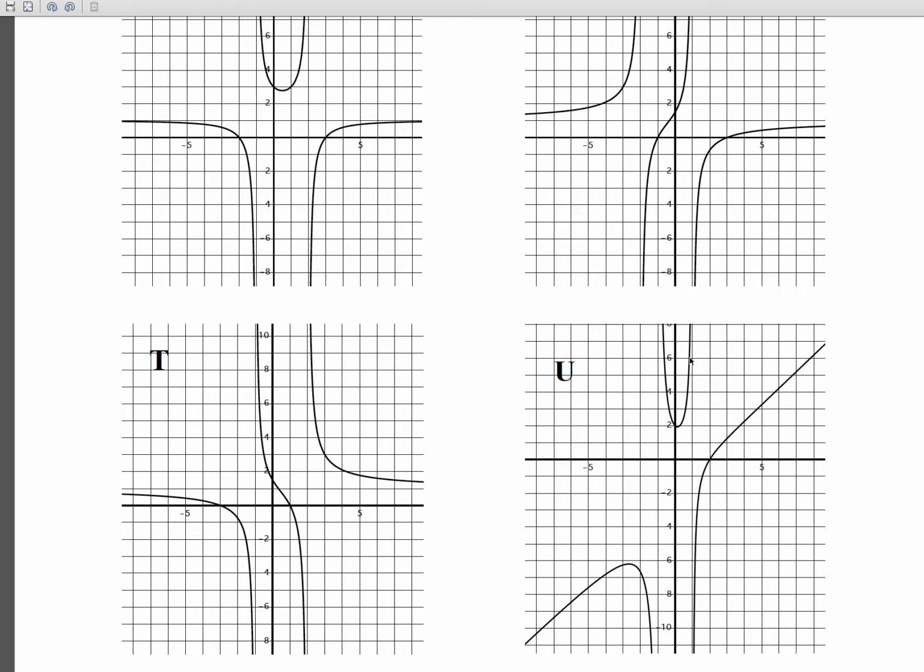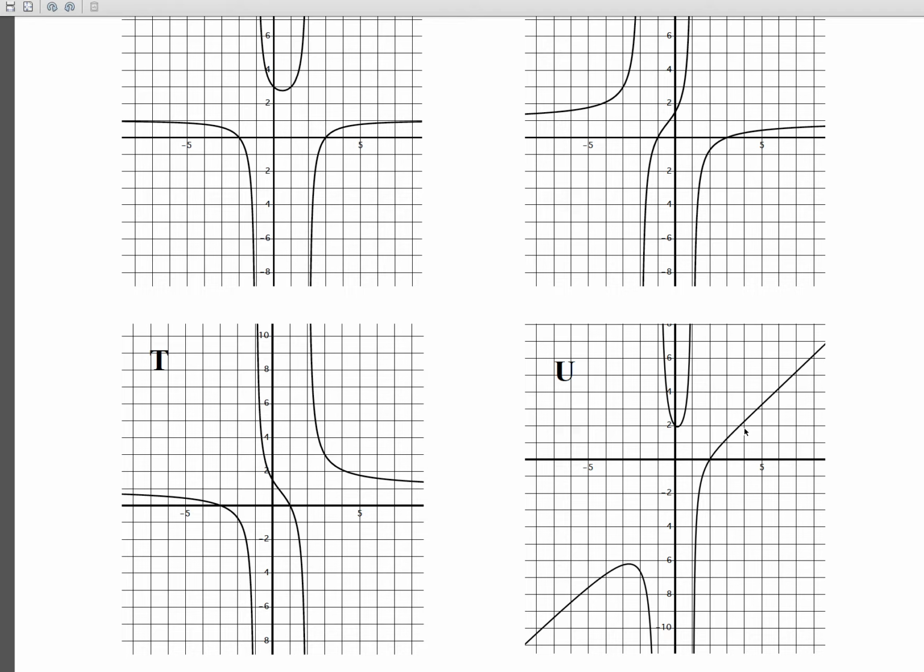The graph is much closer to those lines here on the right side than on the left, but that's the graph that has those asymptotes and those intercepts, and an oblique, a slant asymptote. Now, if you were to sketch the graph of this slant asymptote, you would find that it does cross the function over here.